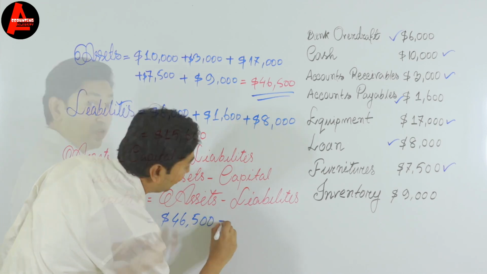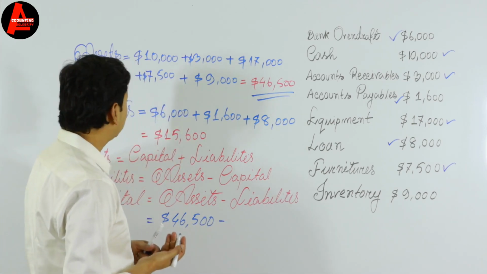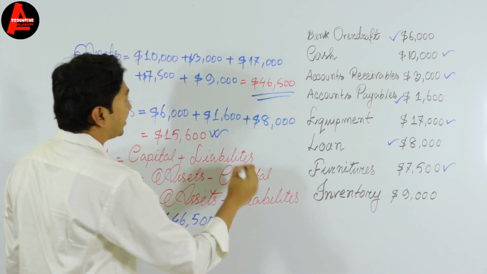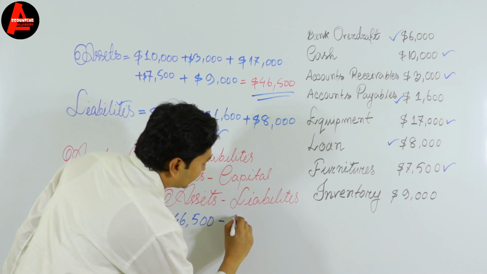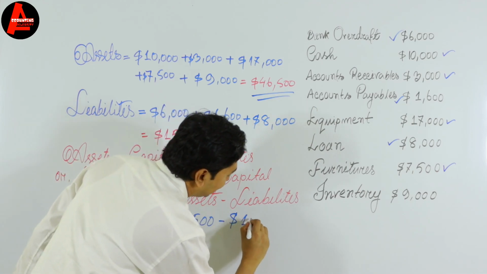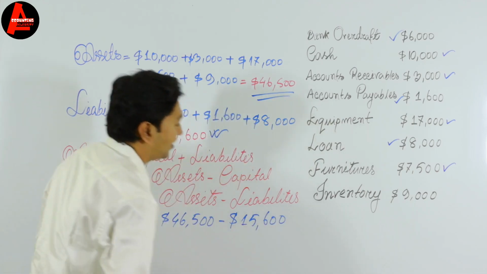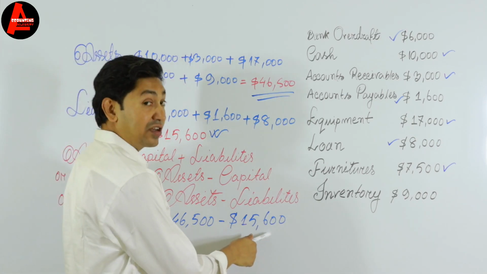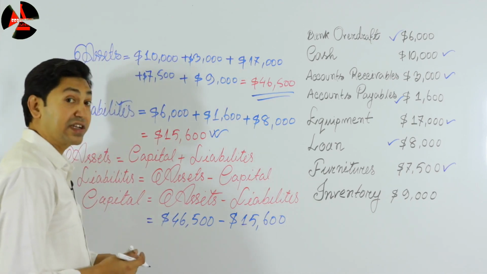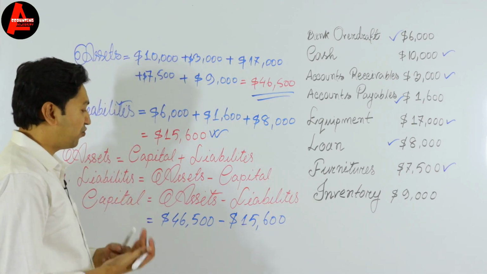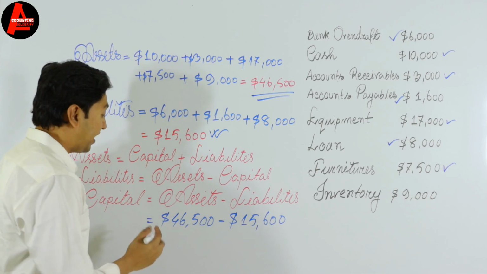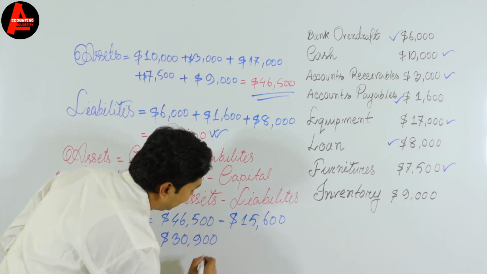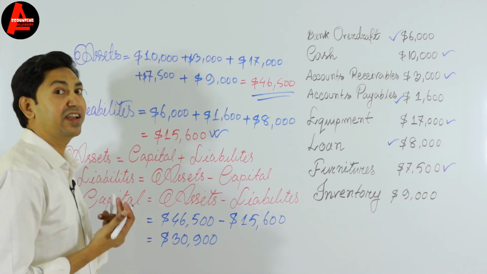We also calculated our total liabilities, which is $15,600. Now if we subtract $15,600 from $46,500, what we have? Yes, if we say it is $30,900, you are absolutely correct.